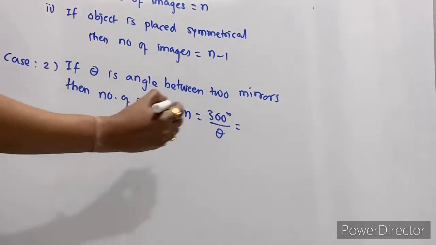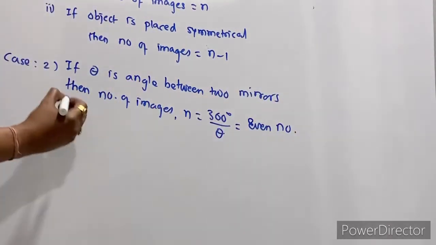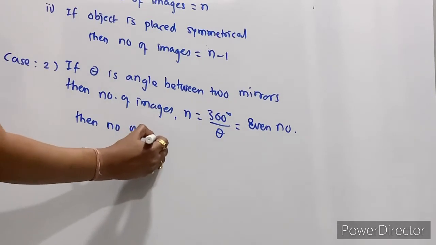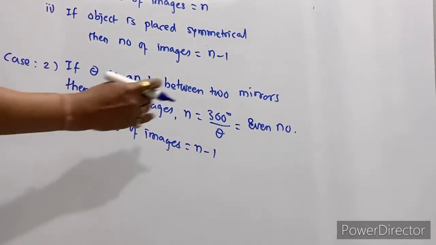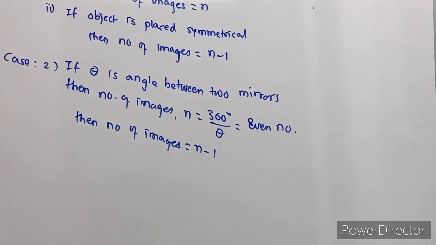Suppose that number comes out to be an even number, then the number of images is equal to n minus 1. Suppose this number comes out to be 4. 4 is an even number, so the number of images formed will be n minus 1, which is equal to 3. This is about the angles.